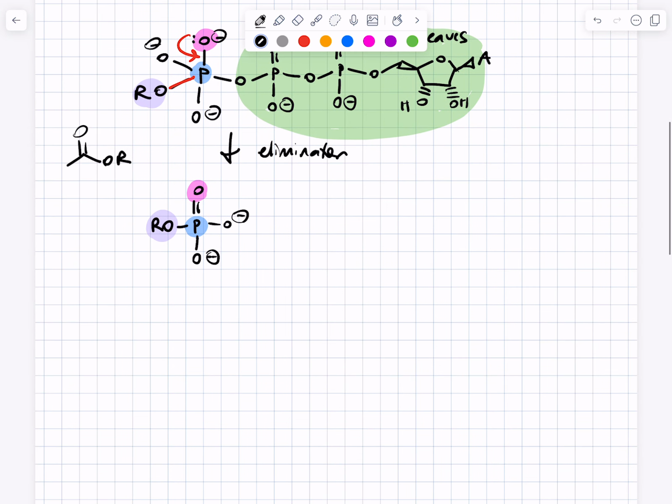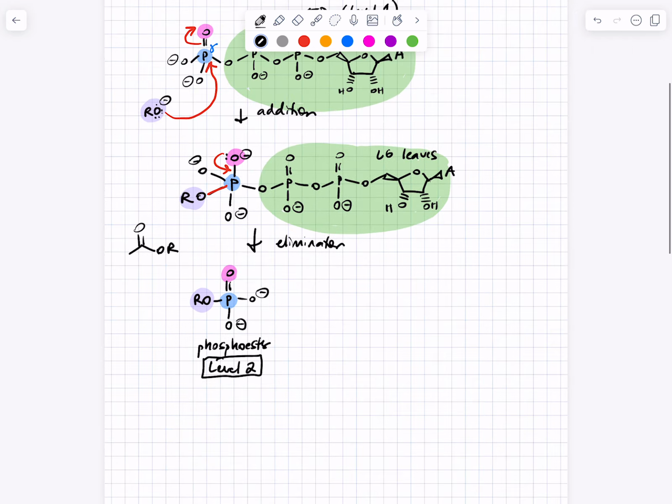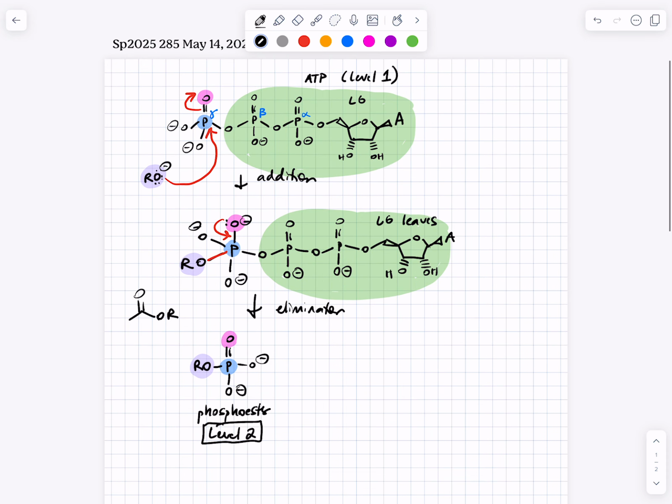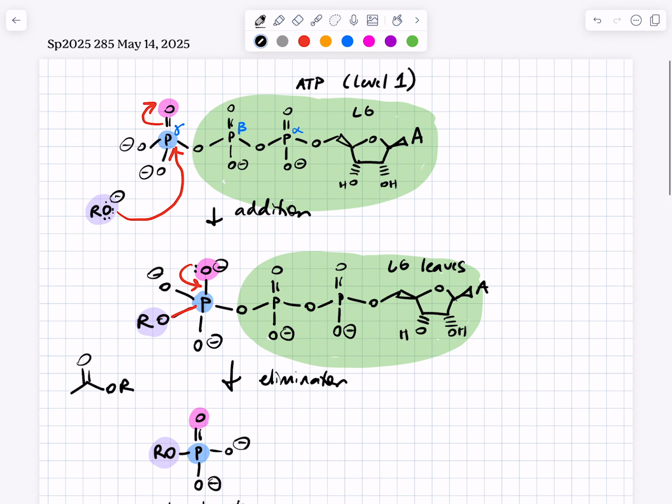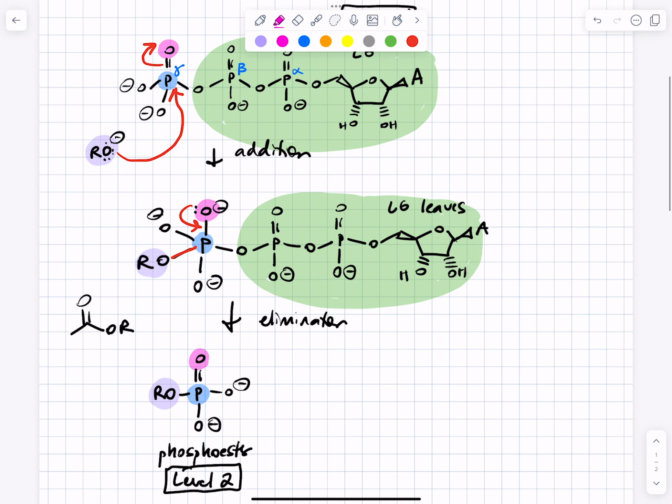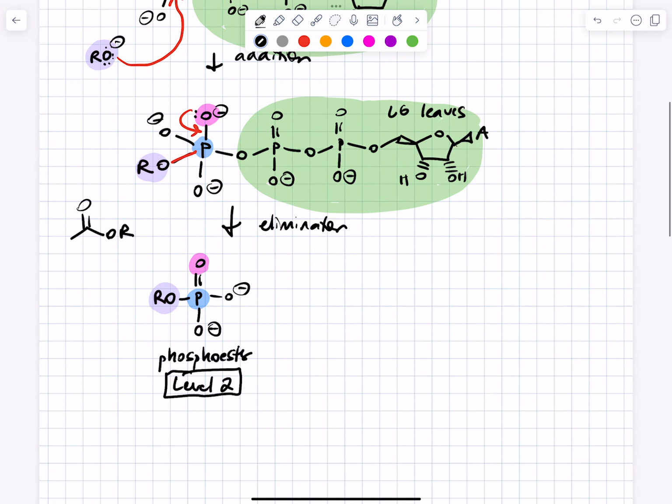So a phosphoryl with an OR group on it should be a phosphoester. Good. So that's level 2? Yeah. That's level 2 on our list of reactive compounds. So we went from ATP, which was level 1, to phosphoester, which was level 2.